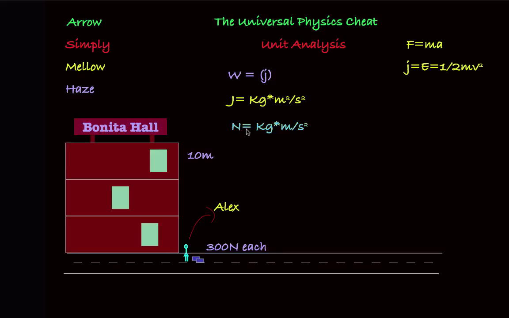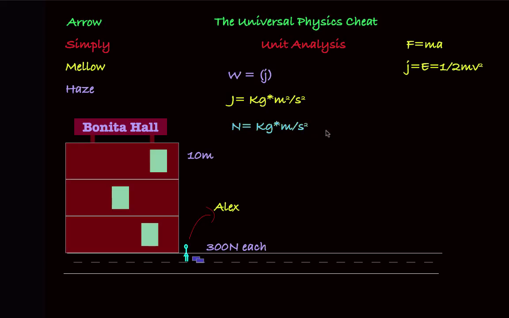Well, we know force is in newtons, and that's kilograms times meters per second squared. And we know that the answer needs to be in joules, which is kilograms times meter squared per second squared. So what we're missing here is just a meter in the numerator. If we can multiply this quantity with the meters, we would get the same units as the answer that we're looking for.